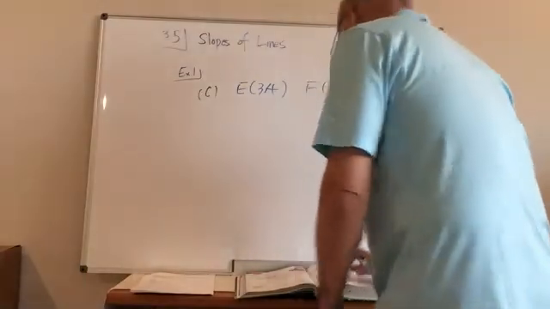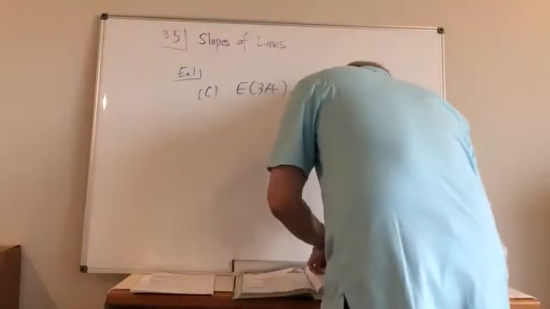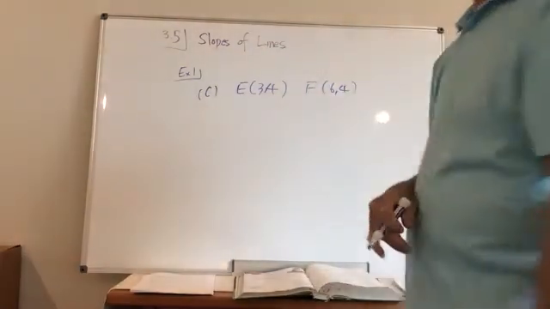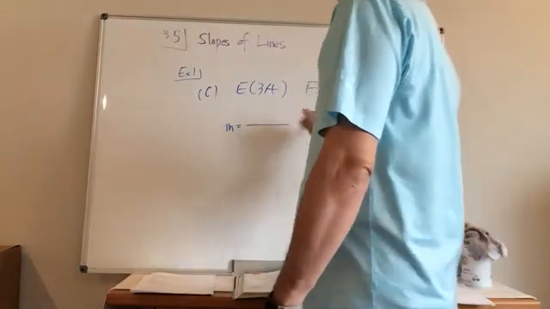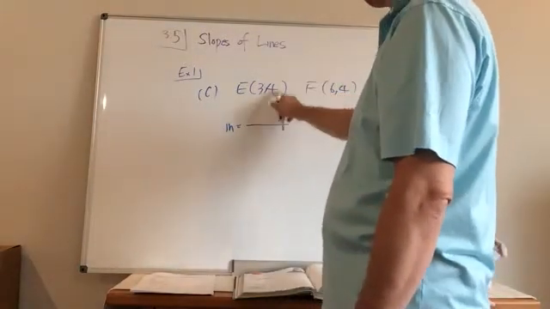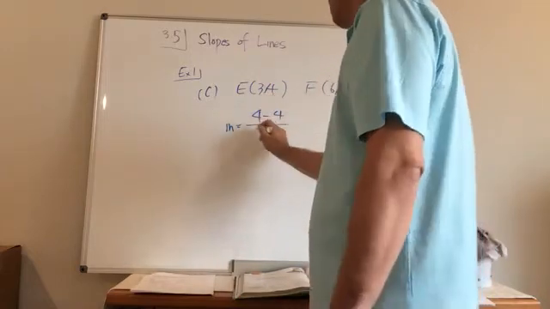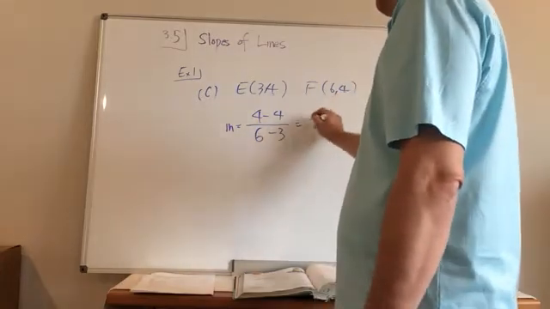Okay, so F is 6 and 4. All right. So the slope, y2 minus y1 over x2 minus x1, 0 over 3.